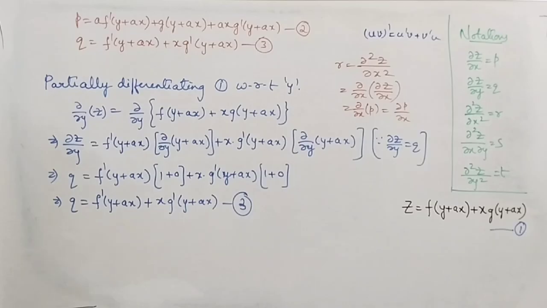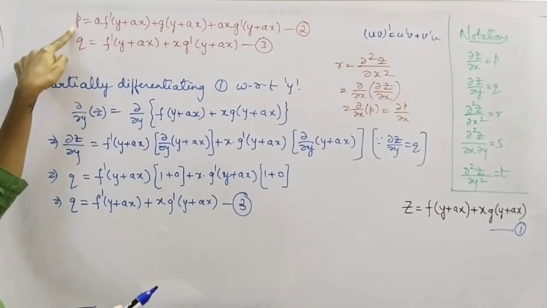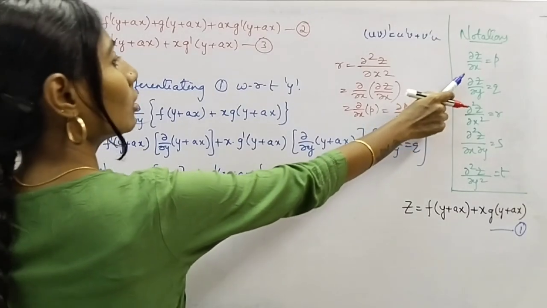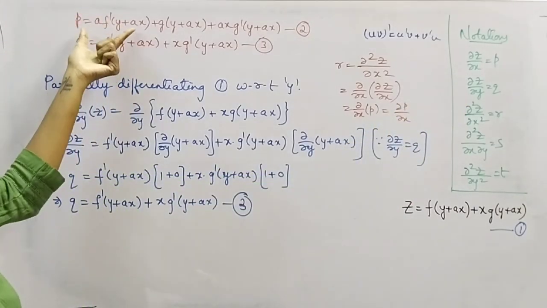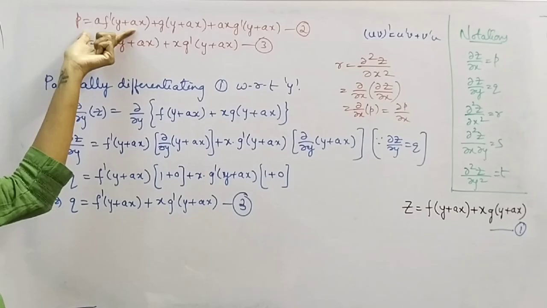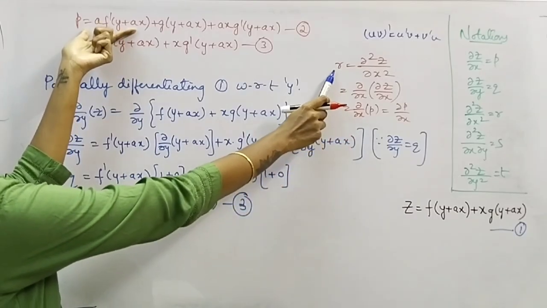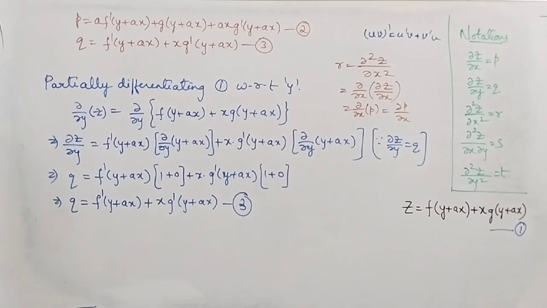So in order to find the equation involving r, what we'll do is, here we have the equation involving p. p is nothing but dou z by dou x, right? So by partially differentiating equation 2 with respect to x, we'll get the equation involving r. Let's see.